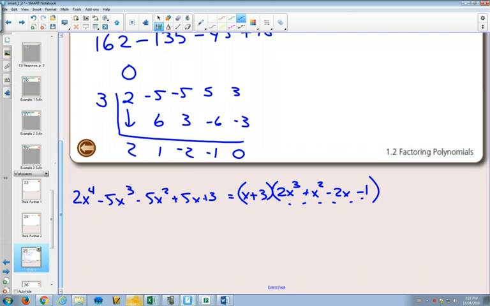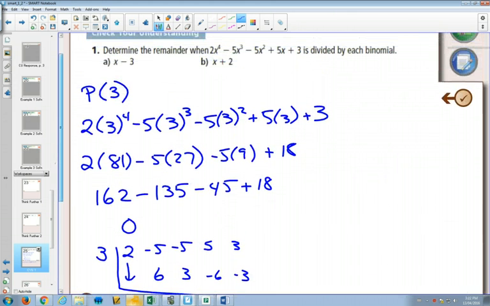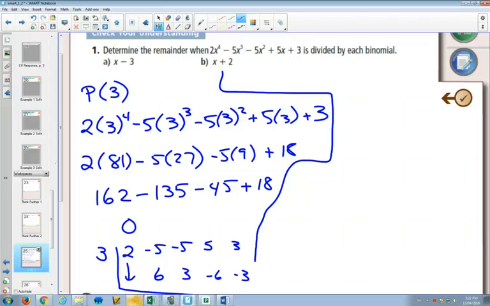For the second one, same thing. We could plug in negative 2 into the whole thing and see if it works. Just looking at the sheer volume of things that we have to plug in, I'm thinking the synthetic division might be a quicker method again. So for the second one, we're going to go right to our synthetic division. It's going to be negative 2 here.